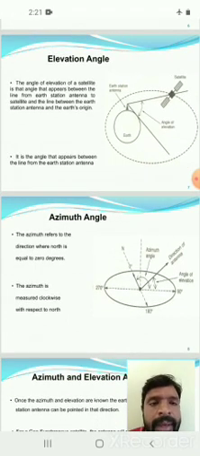Here, Earth to satellite by the horizontal angle is called angle of elevation.